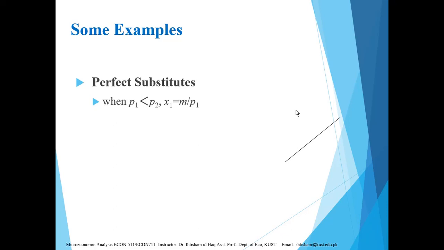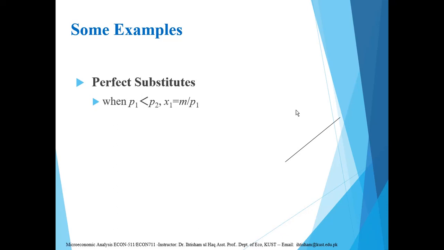For example, x1 and x2 are perfect substitutes, so he is interested in the summation of x1 and x2. Maybe he is not going to consume any amount of x2, but how many units of x1 he consumes will give him the maximum level of satisfaction.